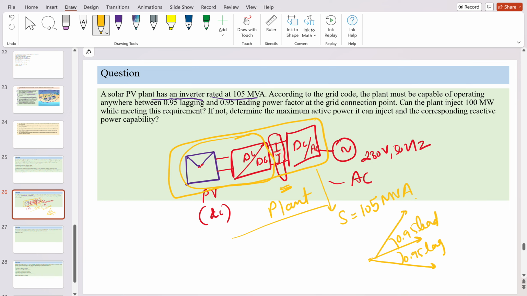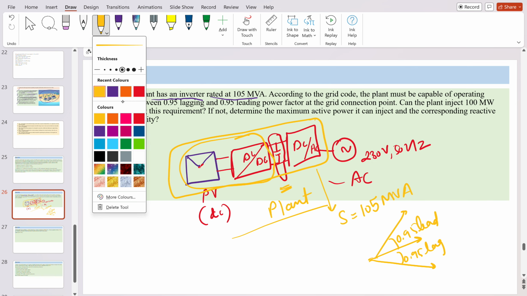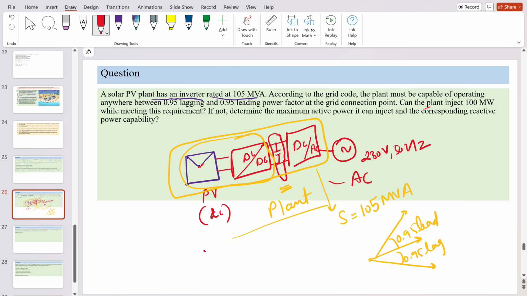But in the question, it is asking, can the plant inject 100 megawatt while meeting this requirement? The problem is, what is the maximum power you can get? Power is basically S cos phi.